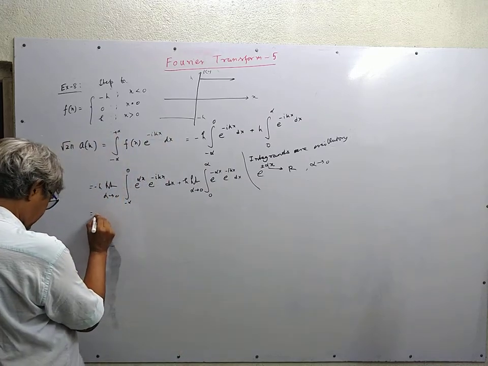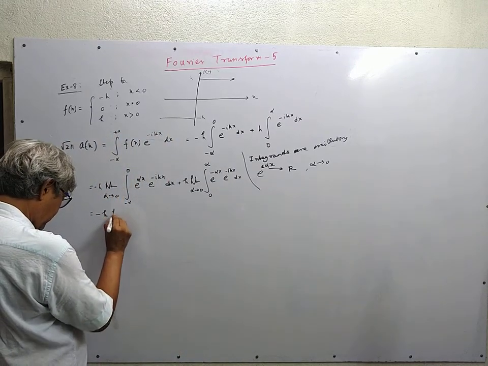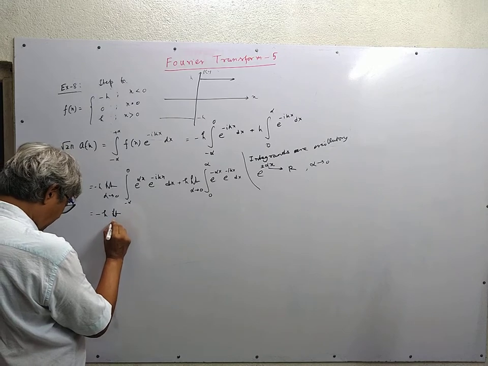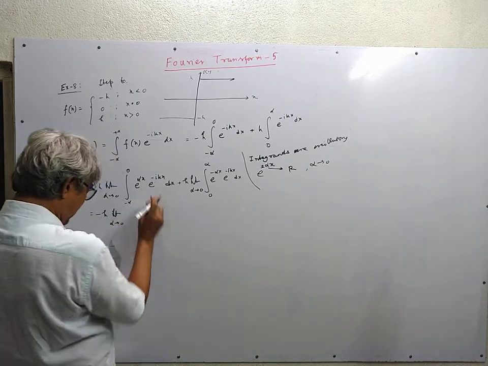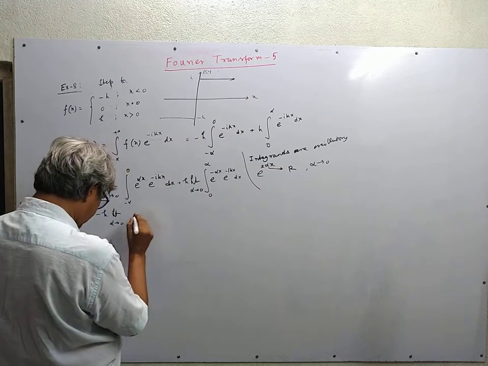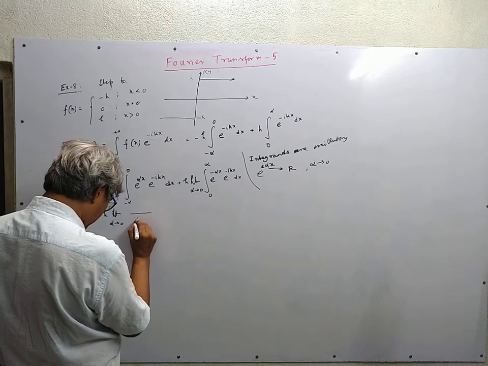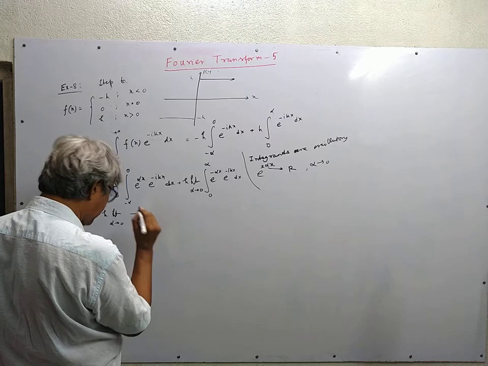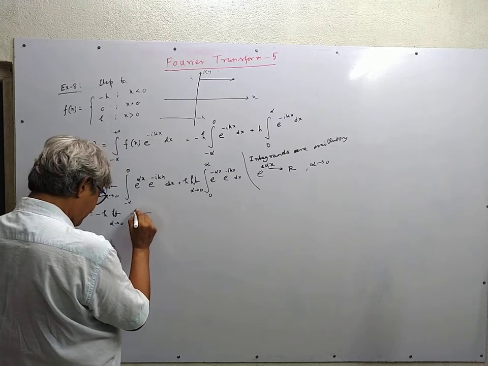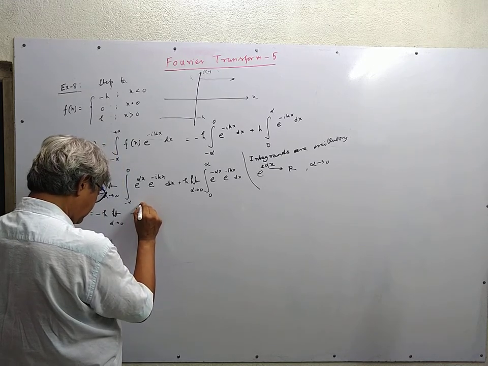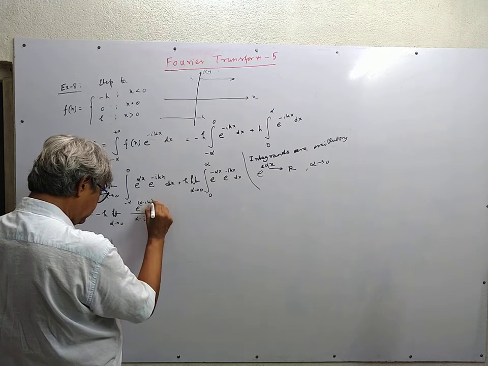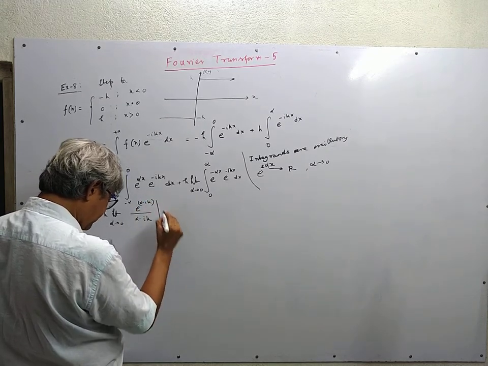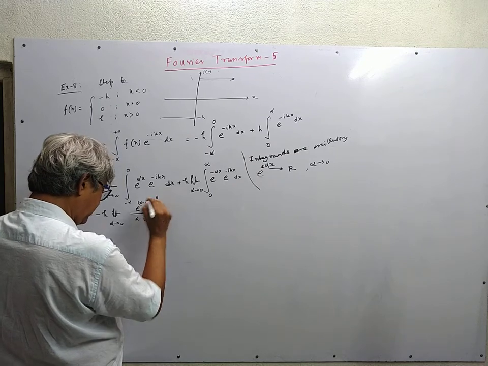So this is minus h limit alpha tends to 0. You see, the integrand exponent is alpha minus i k, so this is alpha minus i k, and we put between the limits minus infinity to 0.